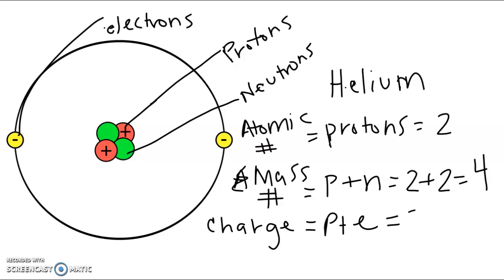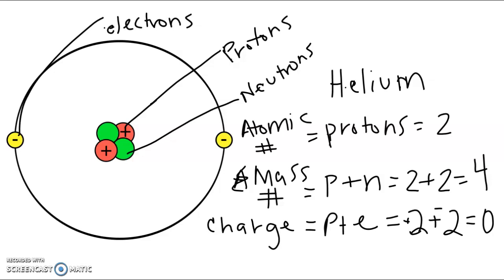I have 2 positive protons, plus I have 2 negative electrons. So 2 plus negative 2 is going to give me a charge of 0, right? I have the same amount of electrons as protons, so my charge is neutral.